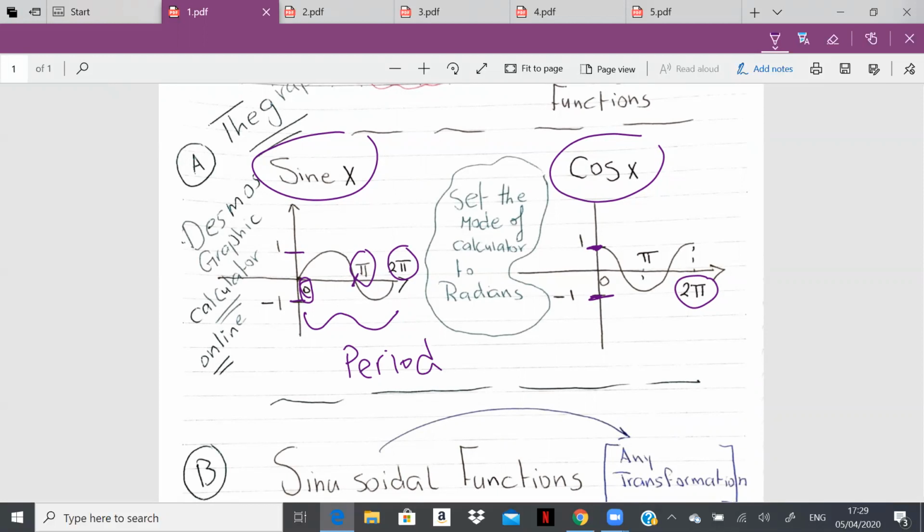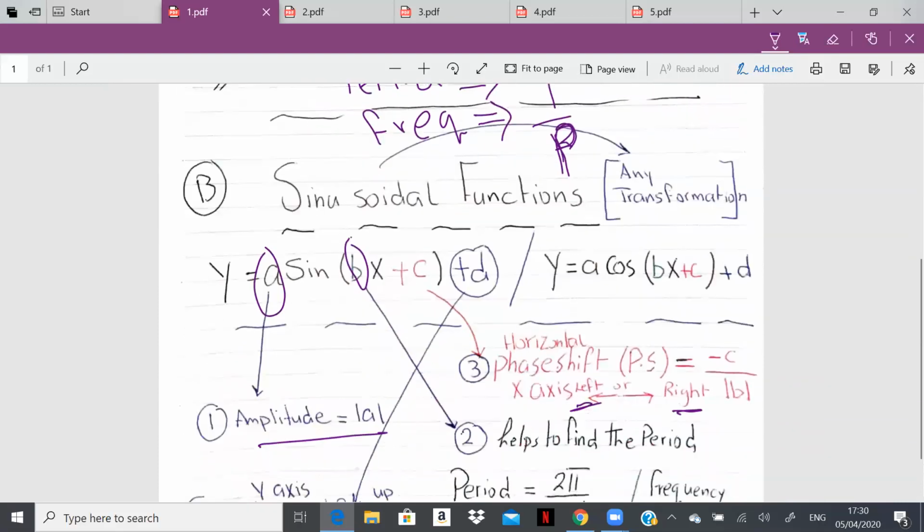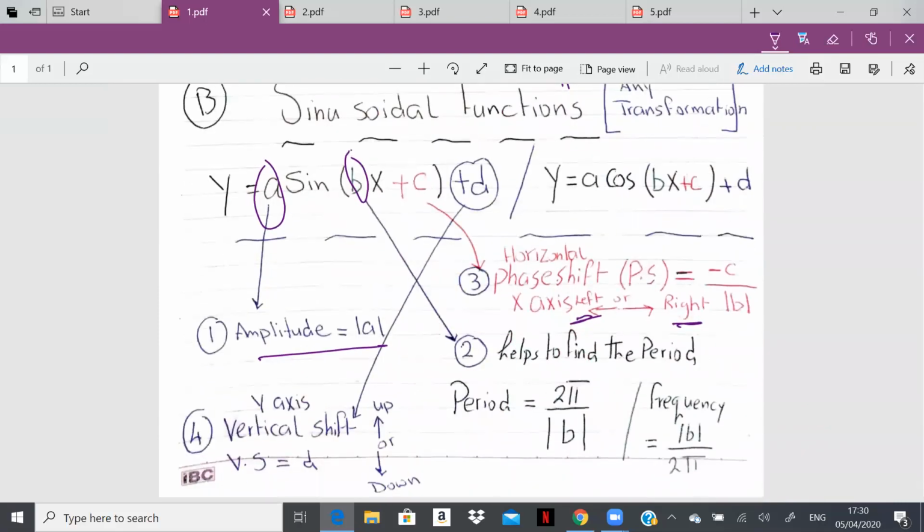The frequency equals 1 over P, which is the reciprocal, the amount of cycles. So the period and frequency are always reciprocals of each other, and vice versa. Okay, so that covers sinusoidal functions for sine and cosine, section B.